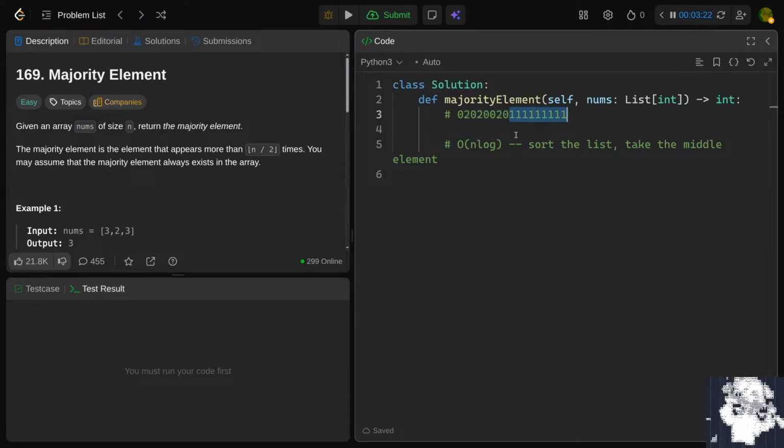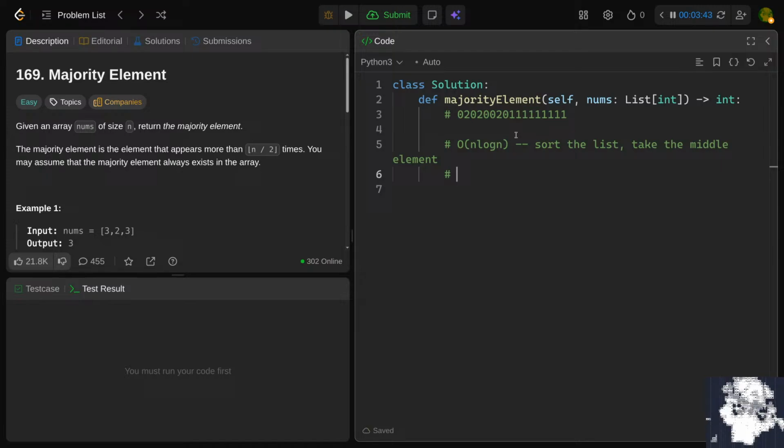These will always be contiguous, and there's no way to shift them around in the list where it's not on the middle element. This is n log n because sorting is n log n.